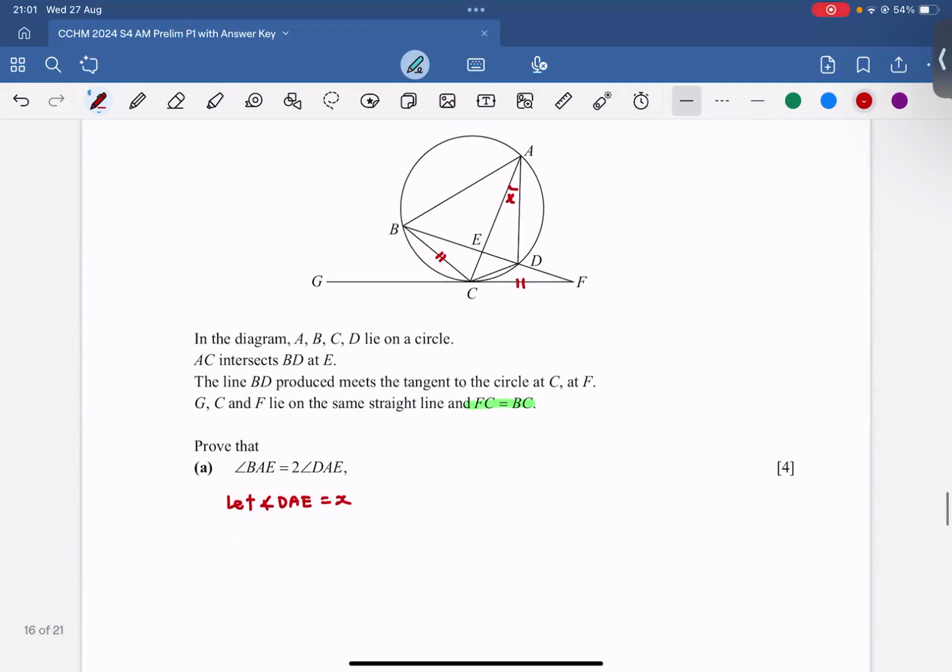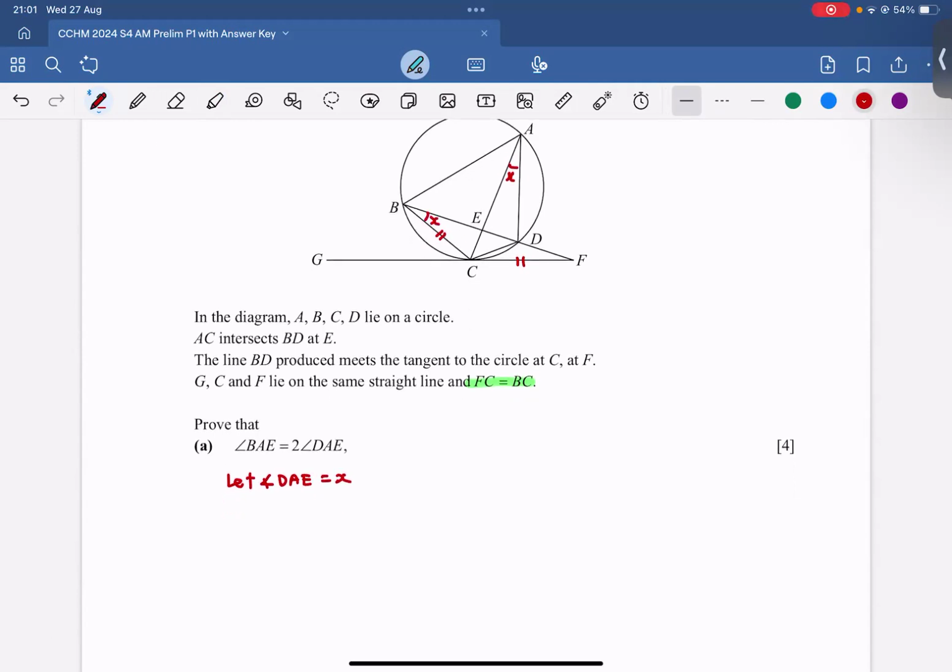So first from here, I will know that this angle also equals to X. Angle CBF equals to X. Reason, angles in same segment. I will know that this angle also X because of the isosceles triangle. Then next, I will know that this angle is actually 180 minus 2x.